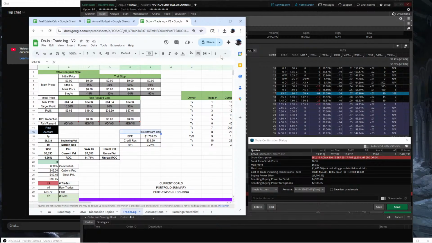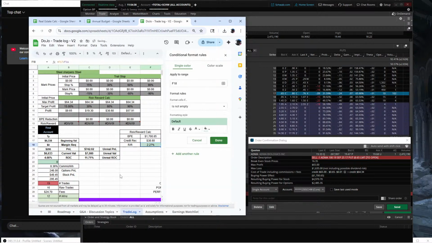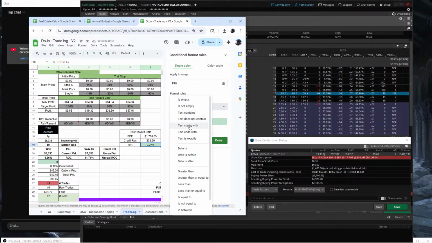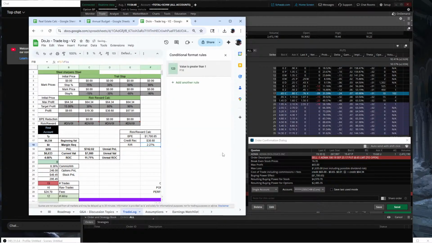Let's merge these. I like making these look pretty. And so let's do a little conditional formatting real quick because once again, I like to make things cool. If this is greater than 1.0, we're going to have it marked with green.